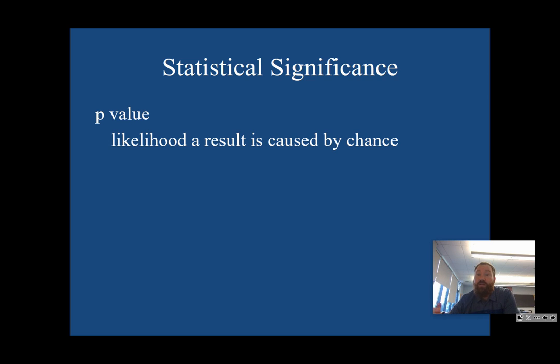We're not talking about chemistry here, where you know what's going to happen if you combine two chemicals with the same mass and so on. We're talking about human beings. Human behavior is complex, and there's always an element of chance involved. So there's a mathematical formula, which again we do not need to know, that can explain whether or not the result was caused by chance. This is important for us to understand.